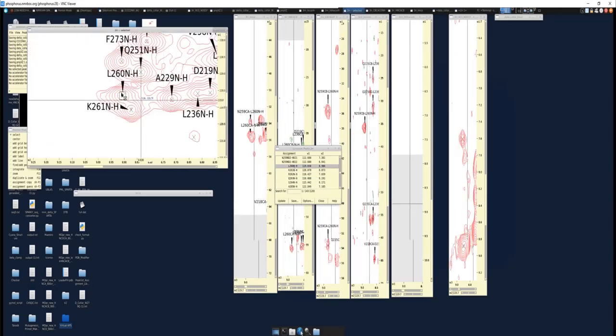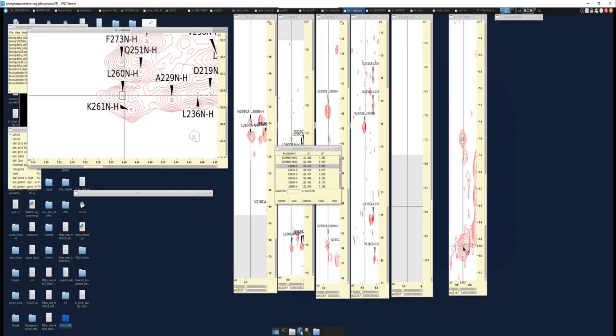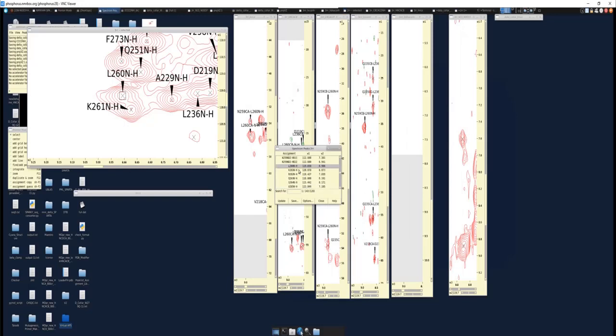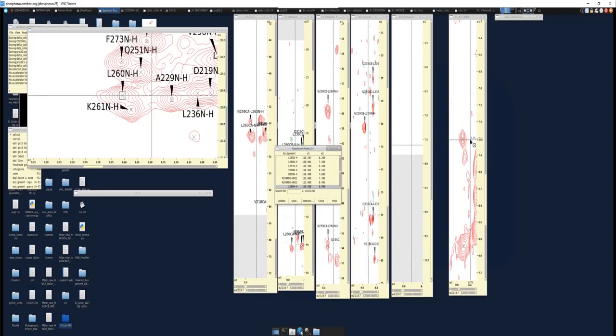There you go, right? Here you have an I peak and you have something else here. Could be I-1 or I+1. Now I've assigned this so I can check and look at the hydrogen value of the I+1 is 8.873, so that's not it. The I-1 is 7.605, right? So you can see that it makes sense and it matches.